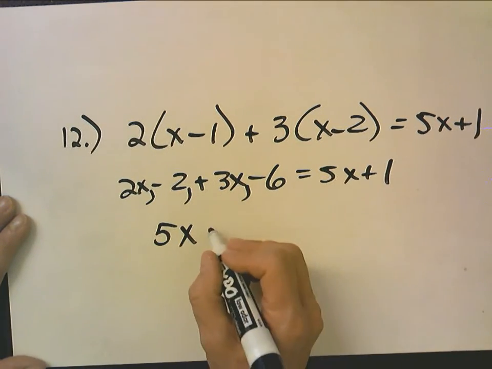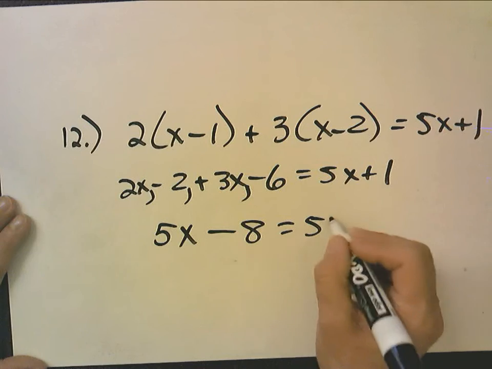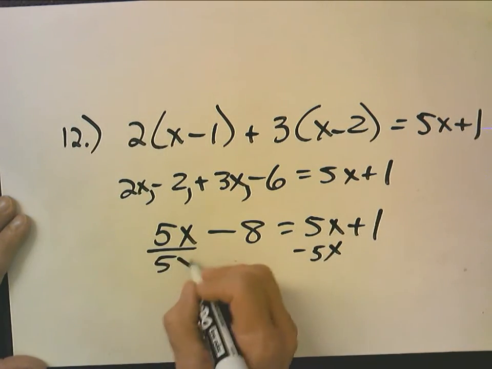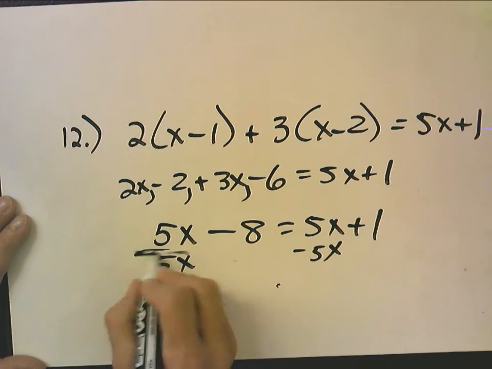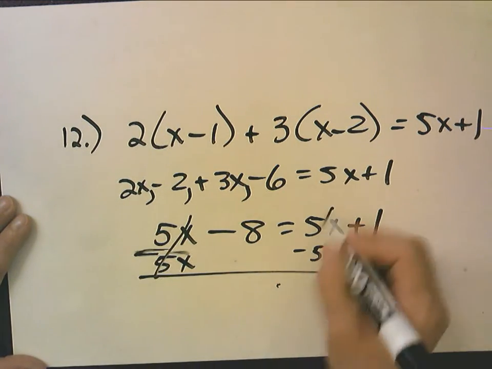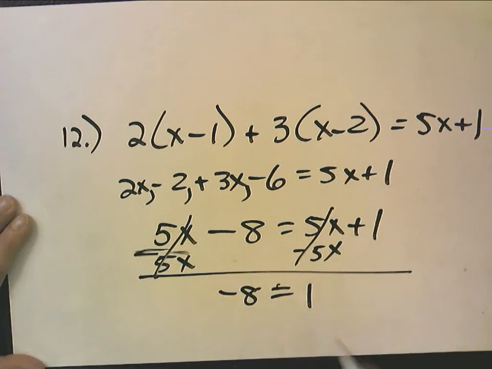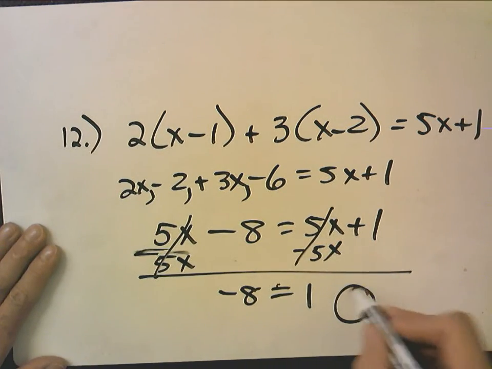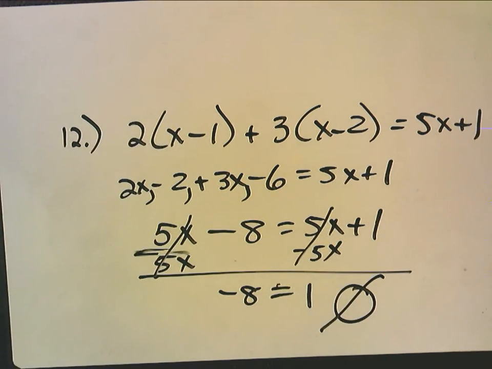Negative 2 and negative 6 is negative 8. Subtract 5x from both sides. Oops, that's a minus. I get negative 8 equals 1. So the variable has disappeared. When the variable disappears, now I look and decide if this is true or false. This is false, so that means there is no solution.